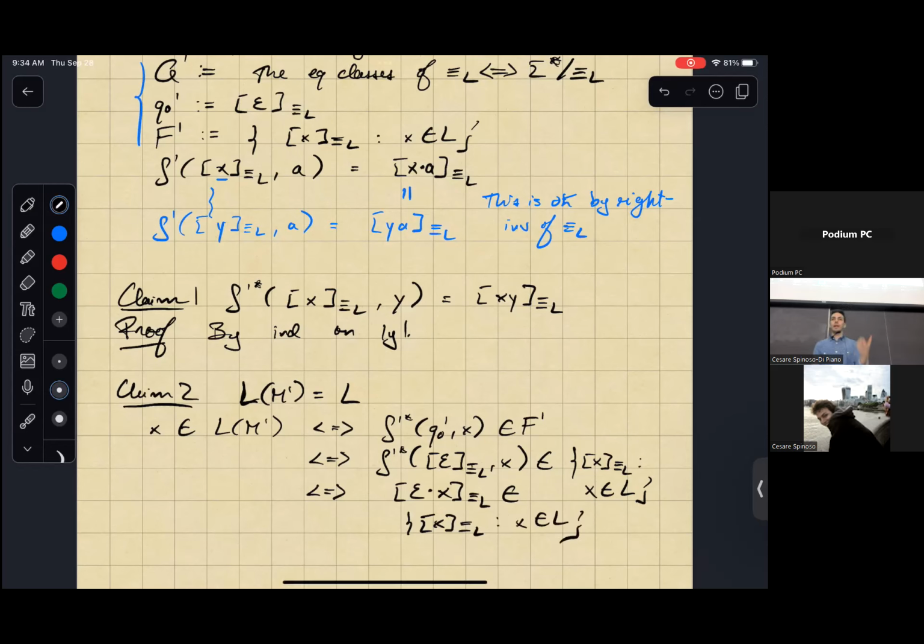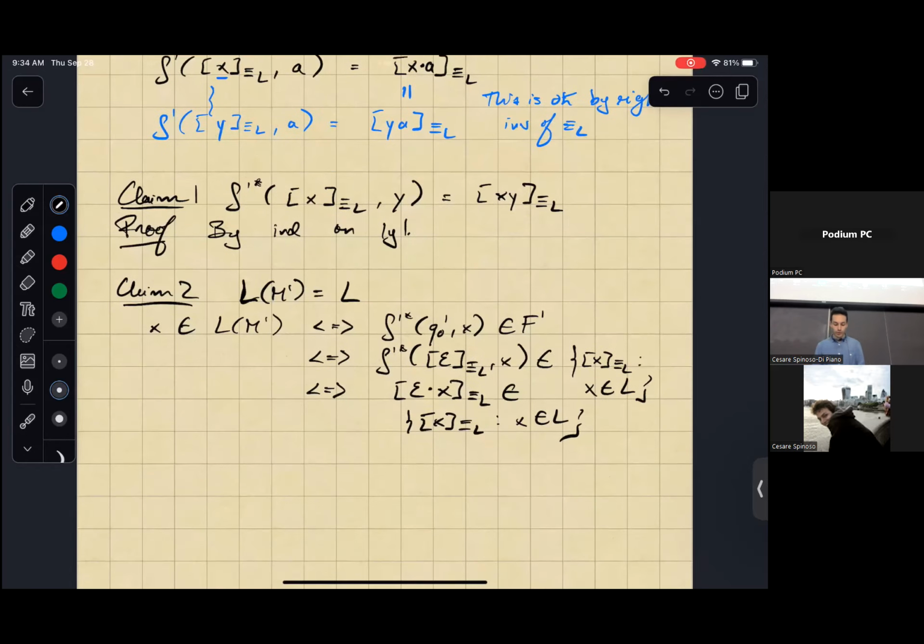Okay. Well, I know that if I concatenate the empty string with any other string, I just get that other string. And so that implies that this equivalence class is part of this set of equivalence classes. And so by definition, that means that x is in L, which proves the correctness of the machine.